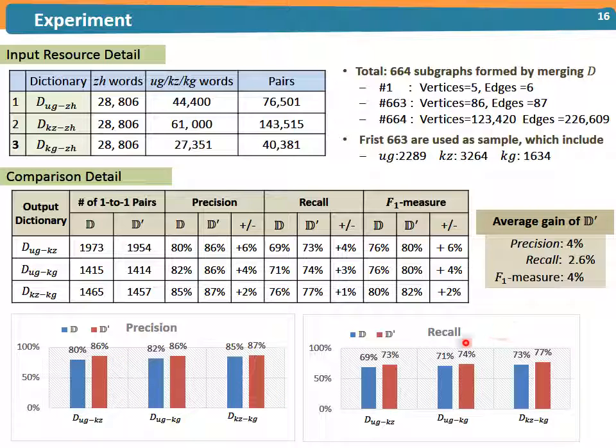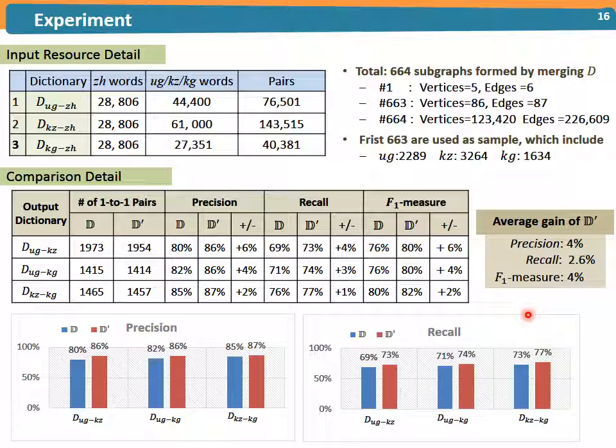And for the recall, we got up to 70% when 2 dictionaries are used for the Uyghur-Kazakh dictionary, and 73%, which is slightly higher, when 3 input dictionaries are used. This is also similar for the Uyghur-Kyrgyz and Kazakh-Kyrgyz dictionaries.